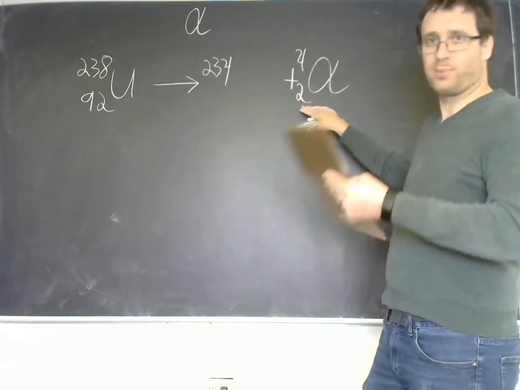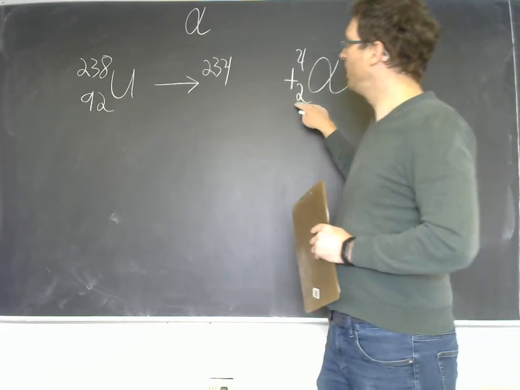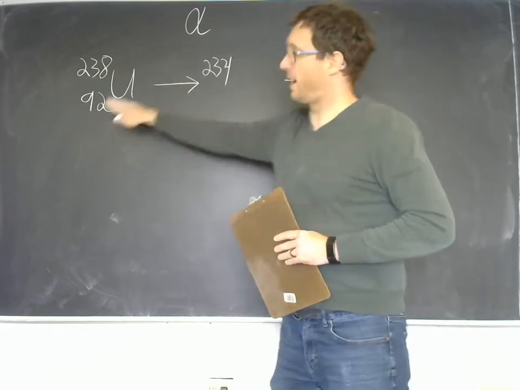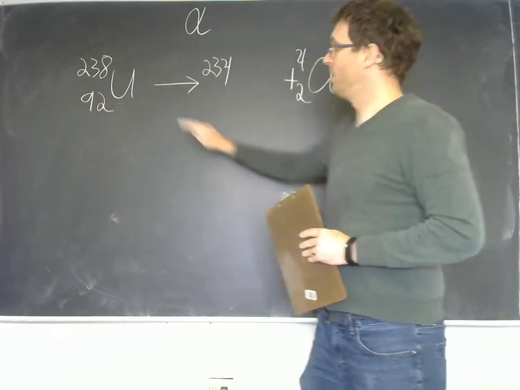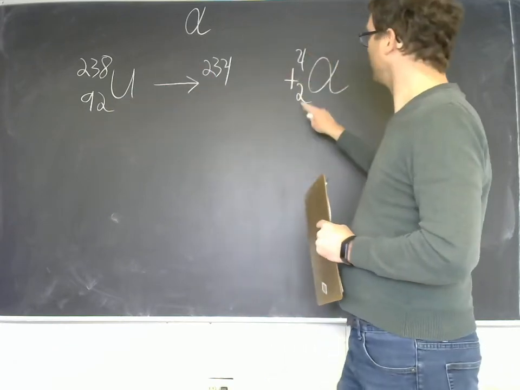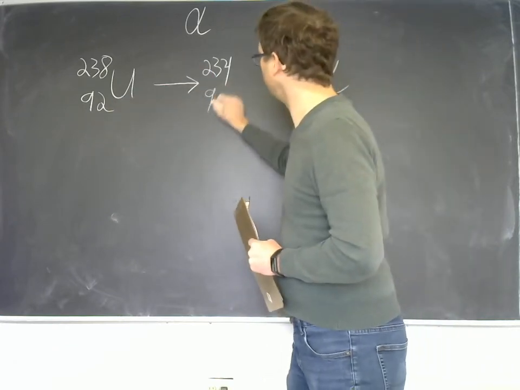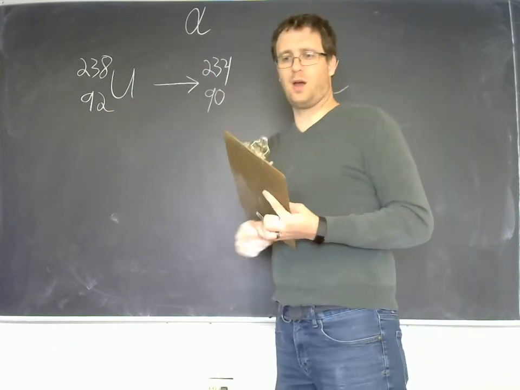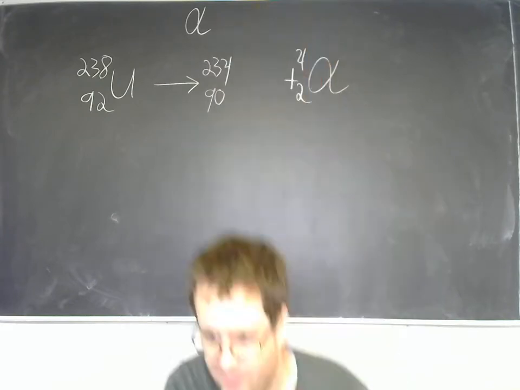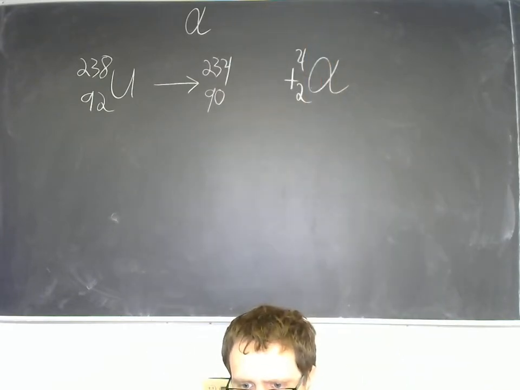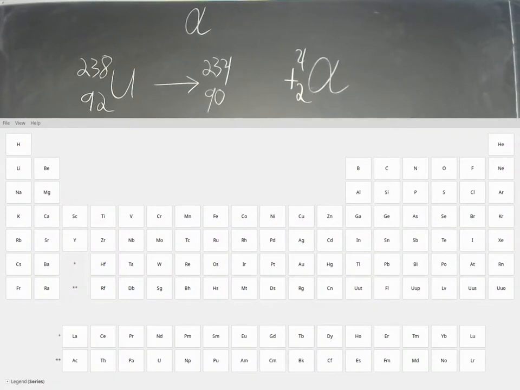And then the sum of the charge or the proton number on the bottom here for the product side is going to have to equal the sum on the reactant side. We've got 92 over here, we've got 2 over there, and so it must be 90. And now, what is element 90? Well, I don't have it memorized. I don't expect you to either. So we'll look at a periodic table here. Let's see.